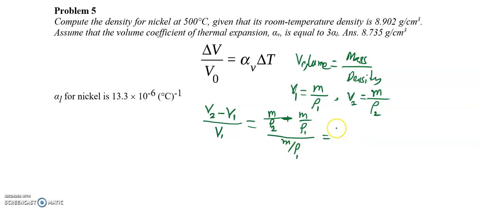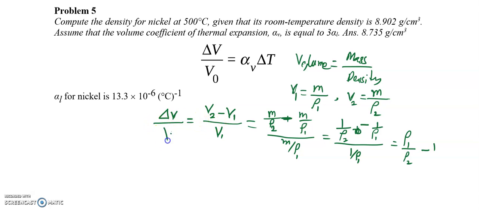So the equation will be 1 over rho 2 minus 1 over rho 1, divided by 1 over rho 1. Or if you want to further simplify, it will be rho 1 over rho 2 minus 1. So that means it is change in volume divided by the original volume.